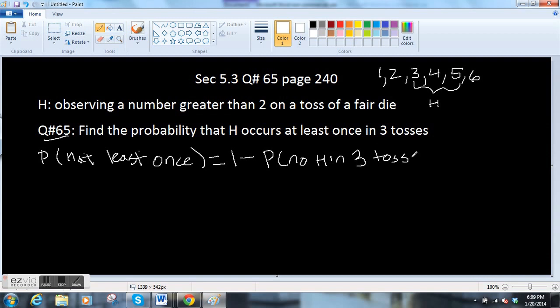So this is just something you either have to accept or wrap your brain around. The probability of H, this is H at, not hat, at least once in 3 tosses, is equal to 1 minus the probability of no H's in 3 tosses.